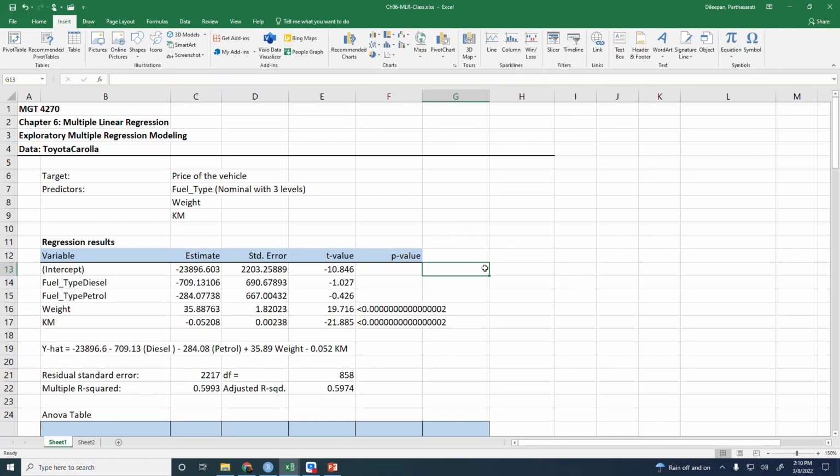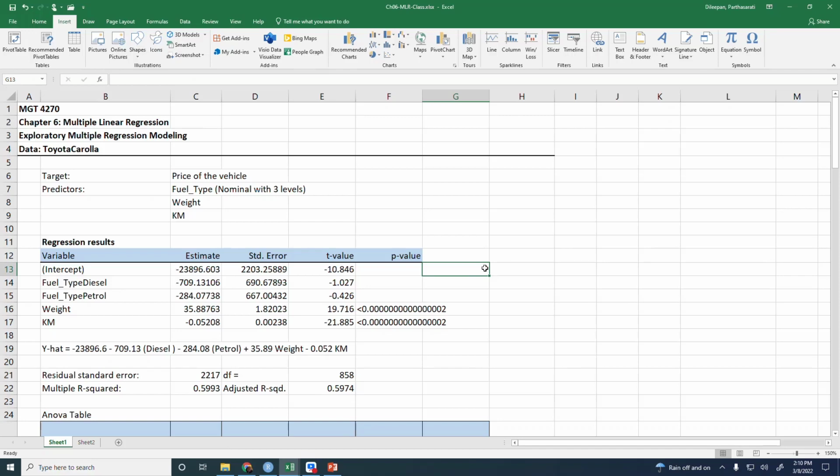Then we have weight and kilometers, and they stand by themselves, right? So this tells us that the probability that the slope is 0 is less than 0.00002. So that means it's most certainly not 0. It's most certainly a significant variable. The same here.